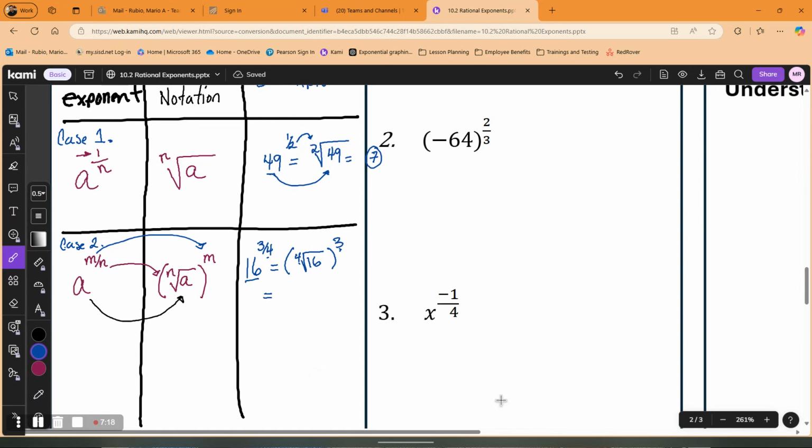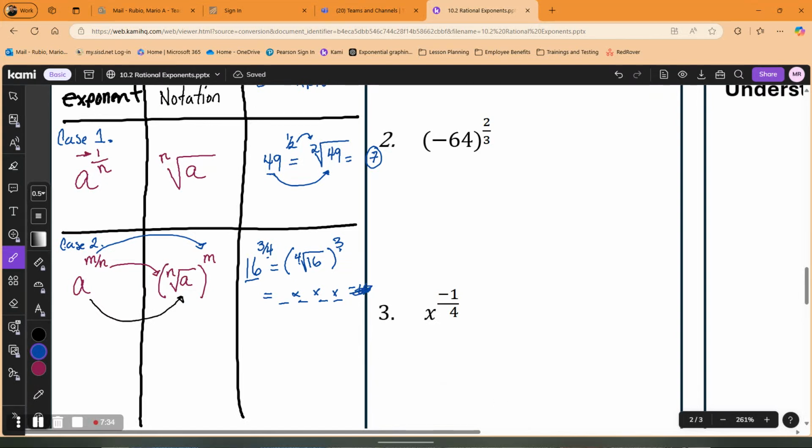So what that means is the 4th root is what times what times what times what gives me 16. That means I have to have 4 numbers that are the same. When you multiply them together, you get 16.